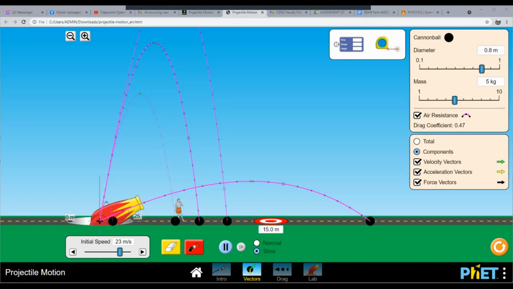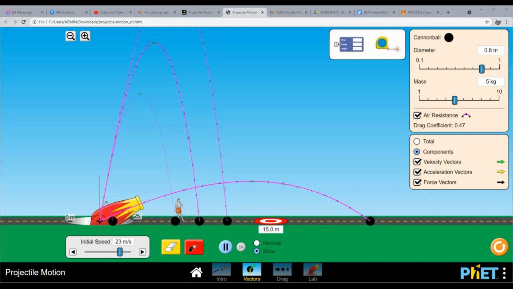Sa pagbaba po ng angle ay mas mahaba po yung travel distance in terms po ng x-axis. Okay. So, relative to the x-axis, so yung kanina projectile na free falling body yon. Ito, this time, this is not a free falling body. You've got to have an initial speed of a certain value, and then you will know the distance.